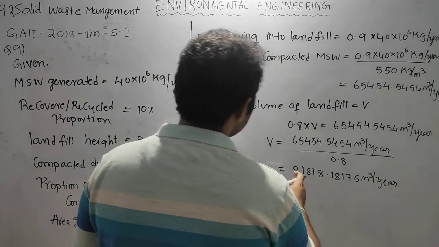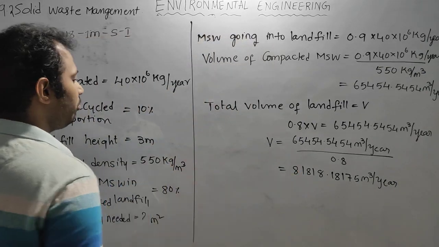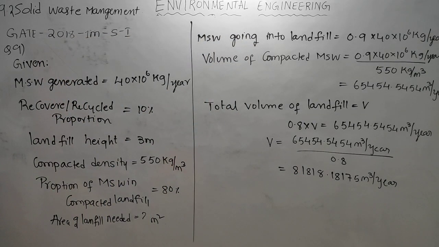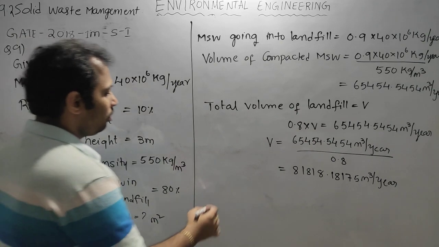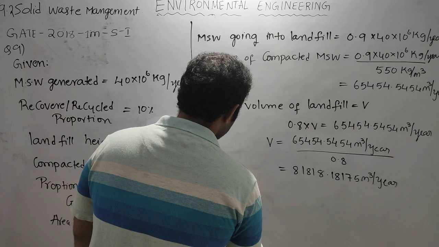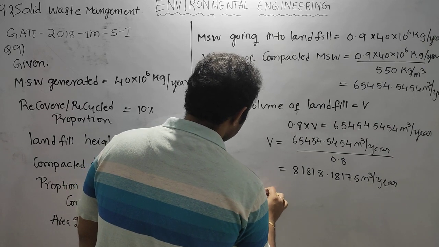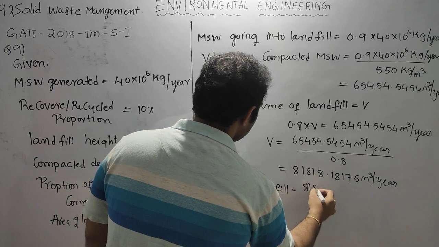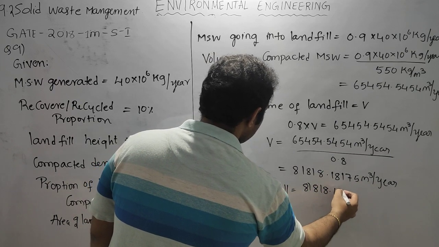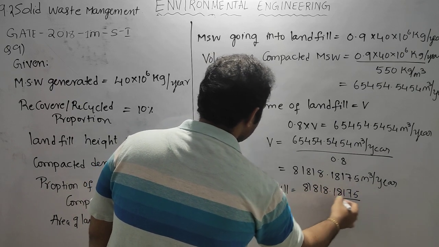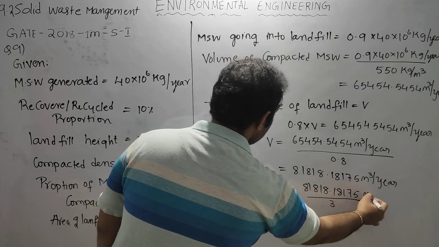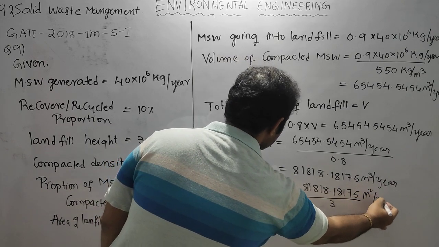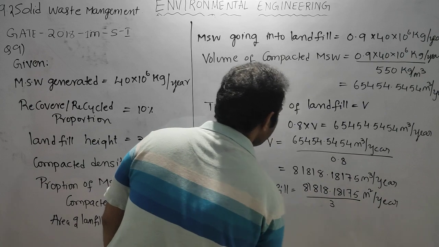Okay, so now you know the depth. Landfill height is given 3 meters. So what is surface area? So surface area is nothing but area of the landfill, is equal to volume by height. So this is the answer.